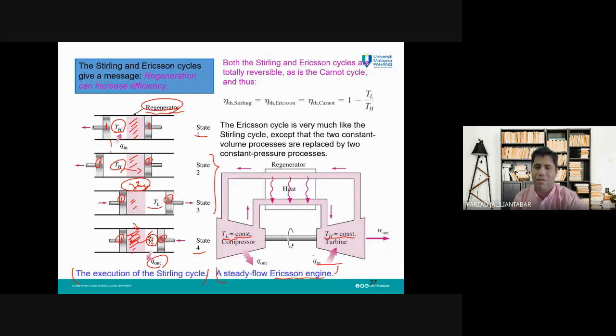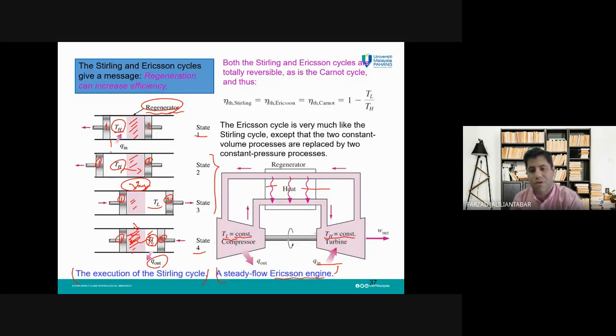With this arrangement, here we have a gas. The gas after the compressor will go to a heat exchanger here. Later I will talk about this regenerator. The working fluid will compress and will go to the turbine.